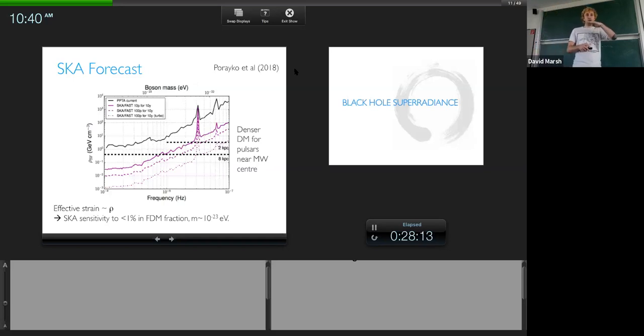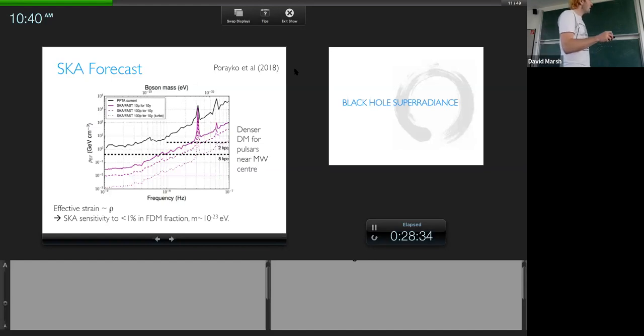The improvements with CMB-S4 will get below sub-percent, and they'll tank out at about this 10 to the minus 23, 10 to the minus 22 region. So pulsar timing really overlaps the CMB's next generation mass range, but also the next generation CMB precision.